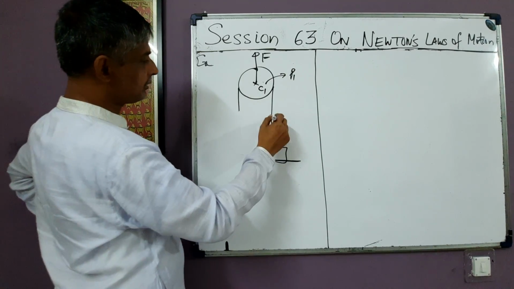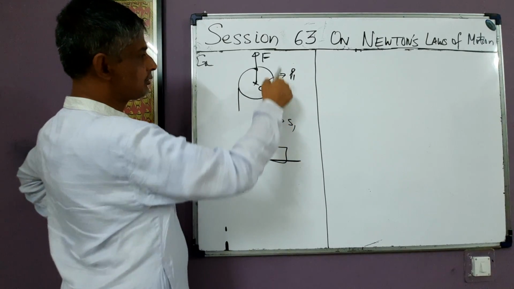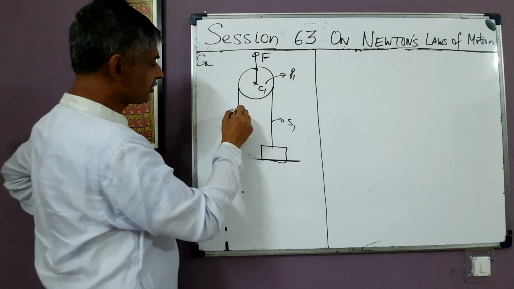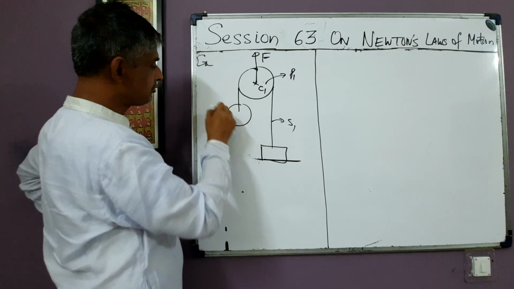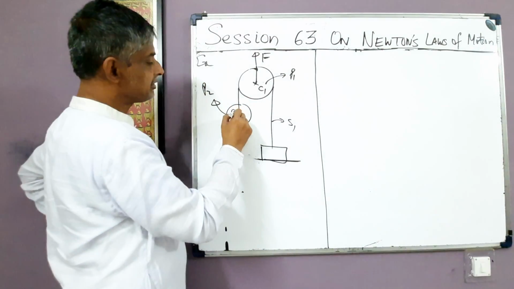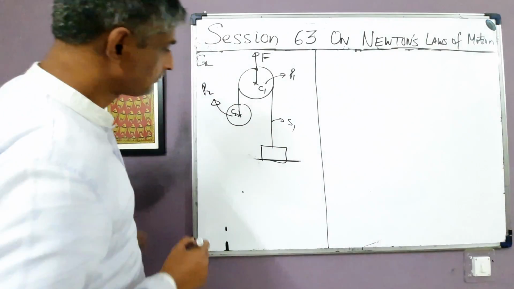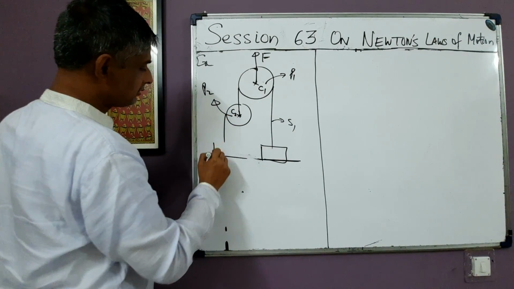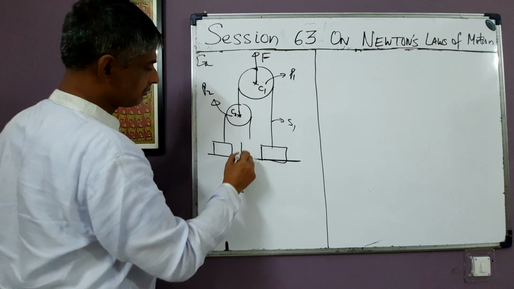Now this string S1 passes over pulley P1, is in contact with this block, and this string S1 is attached to another massless pulley P2. C2 is the center of pulley P2. And here there are two blocks like this.